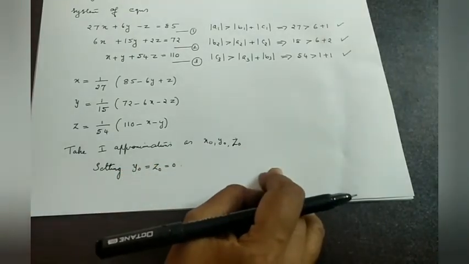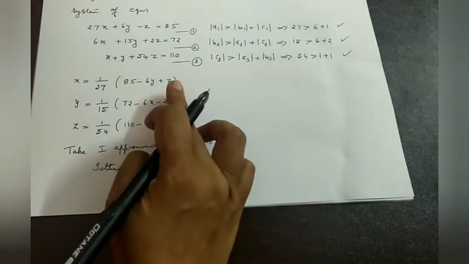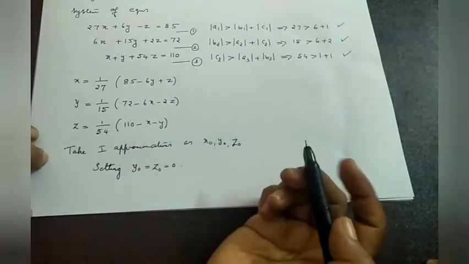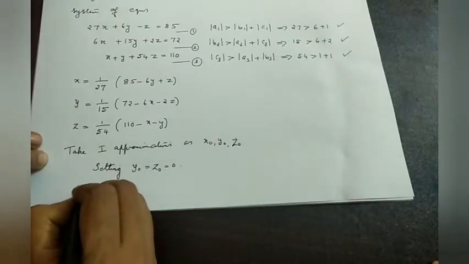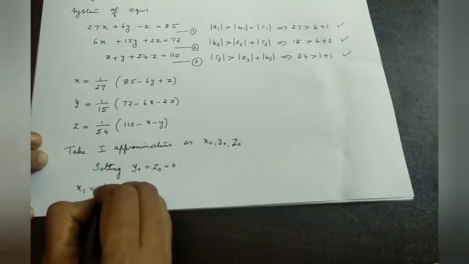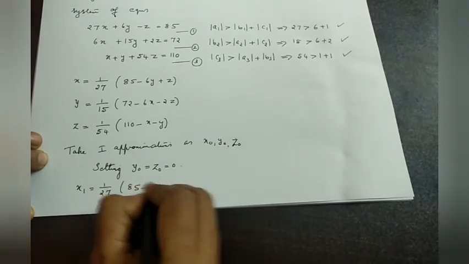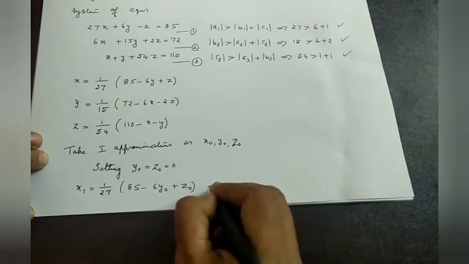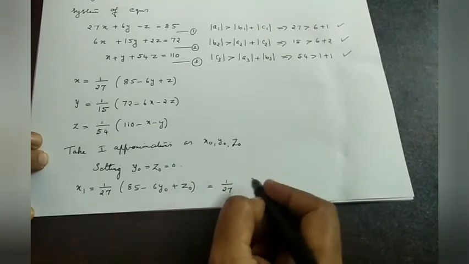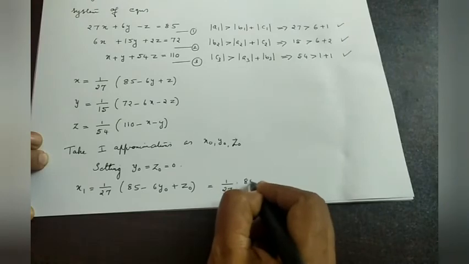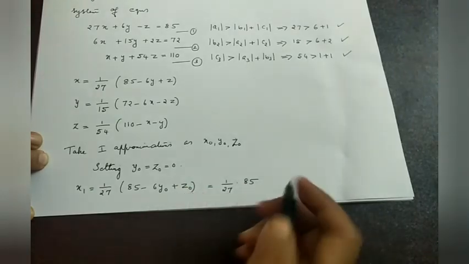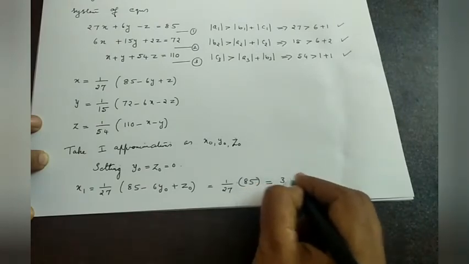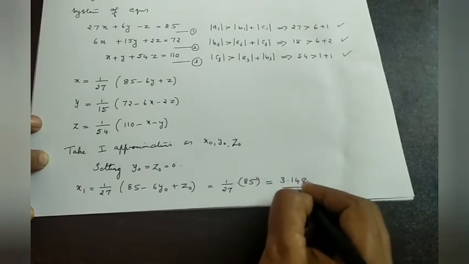Putting y0 and z0 equal to 0 in x, we get the value for x1. So we can find out x1 as 1/27 (85 - 6y0 + z0), which is equal to 1/27 into 85, since y0 and z0 are 0. It is equal to 3.148.